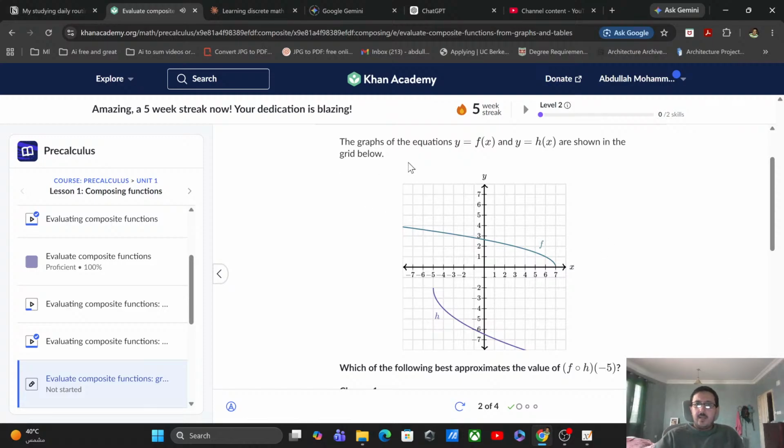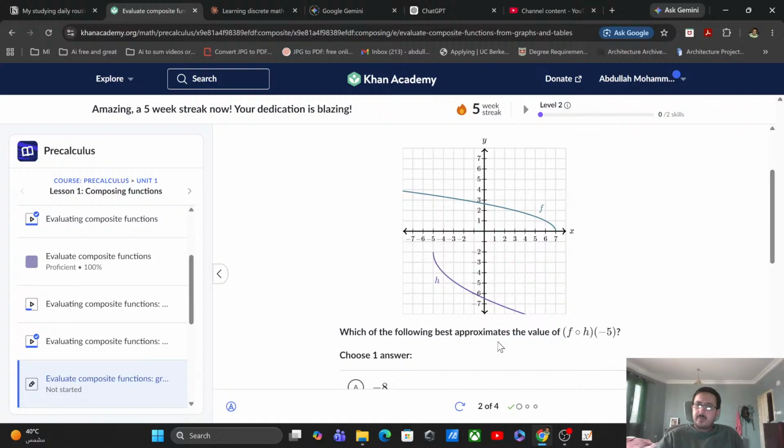The graphs of the equations y equals f of x and y equals h of x are shown in the grid below. Which of the following best approximates the value of f of h of minus 5?